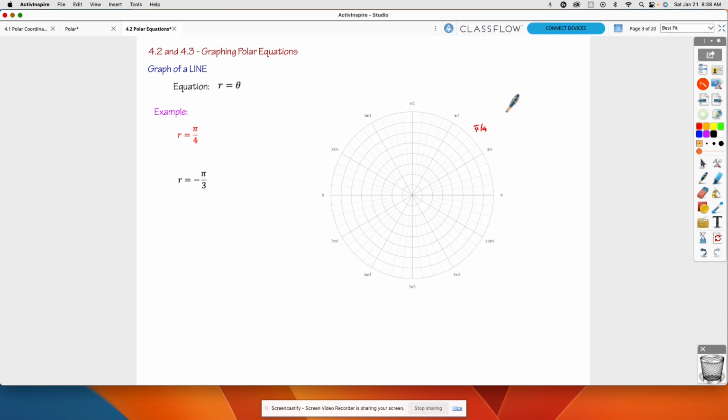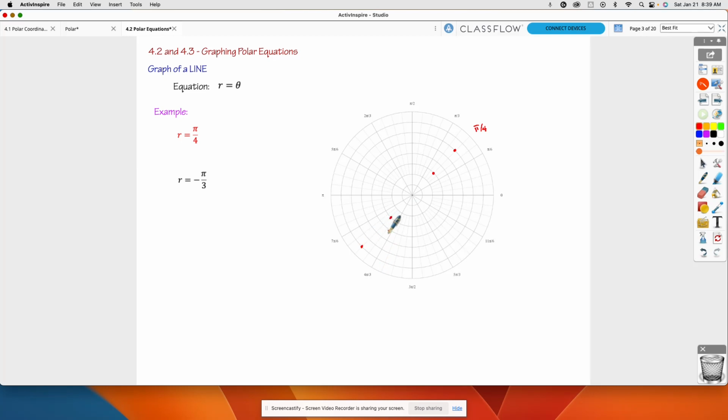So let's see. If r is equal to, say, 1, let's look at this one. 1, 2, 3. So if theta is equal to pi over 4, you have an r value here. Okay? This is a point where theta is pi over 4. This is a point where theta is pi over 4, but r is negative.